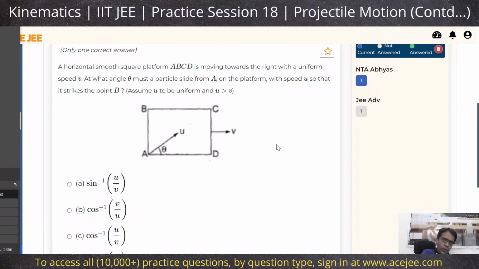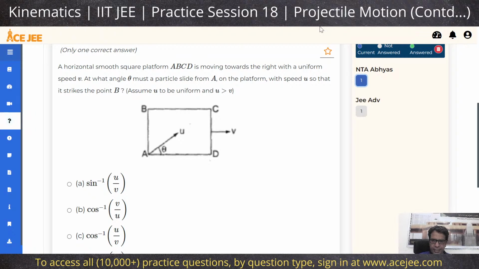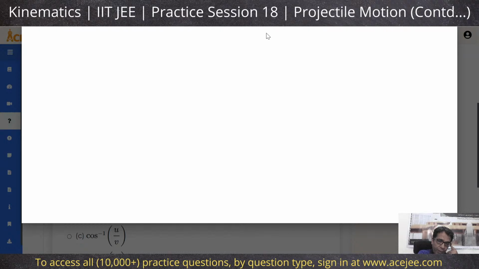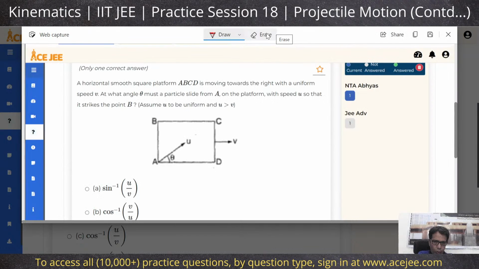Let's say in the horizontal plane, this direction towards the right is x and this is y. By the way, both x and y are in the horizontal plane. Okay, so towards the x direction, should u cos theta be equal to v? If yes, why; if not, why?